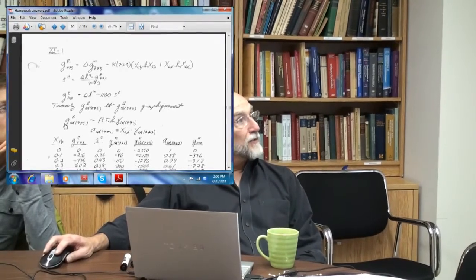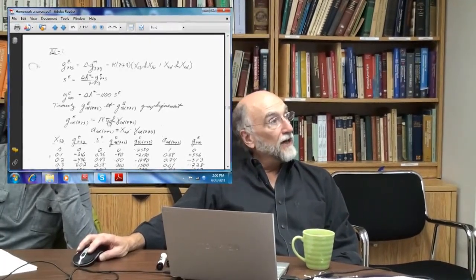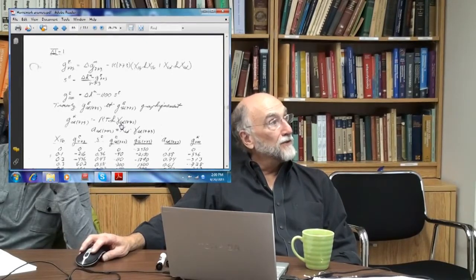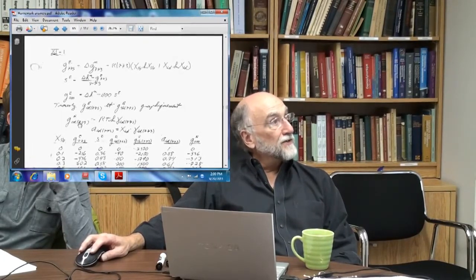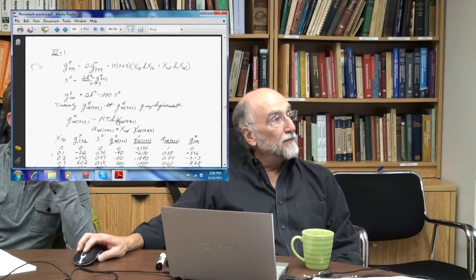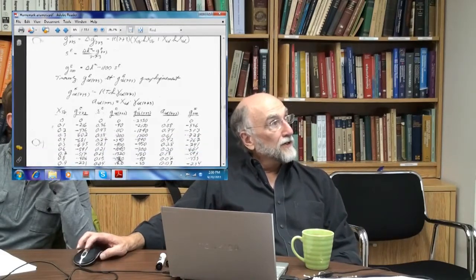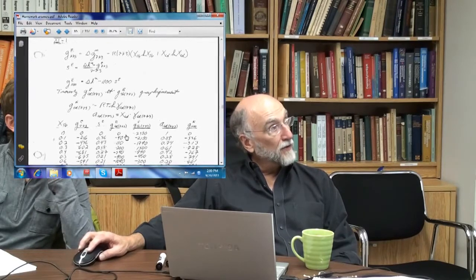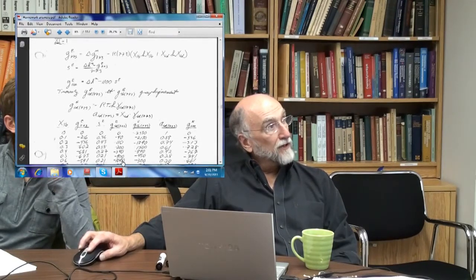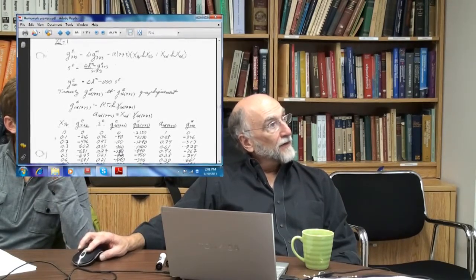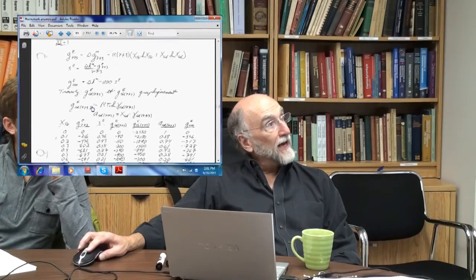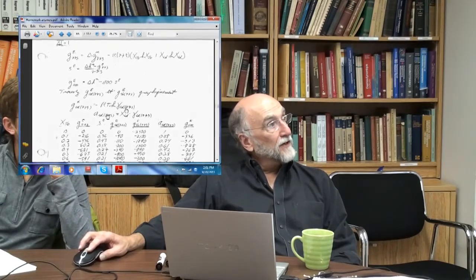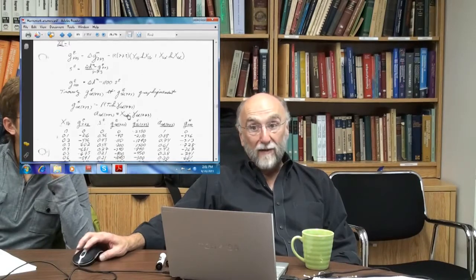The excess partial property is by definition RT log gamma, that's the definition of gamma. So the GXS of cadmium is RT log gamma cadmium. That would permit you to calculate gamma cadmium from this equation. You got GXS here from your tangent intercept. Use this equation to calculate gamma cadmium, and then the activity is the mole fraction times gamma.